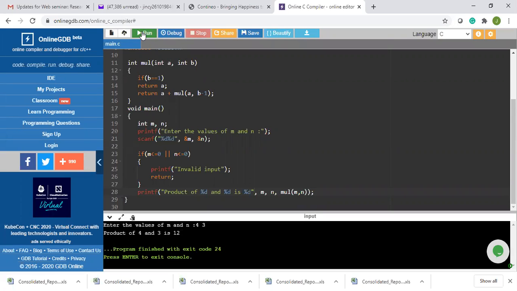Let us see the Fibonacci series. We'll see another example, which is the sum of natural numbers using recursion. We'll just modify this.